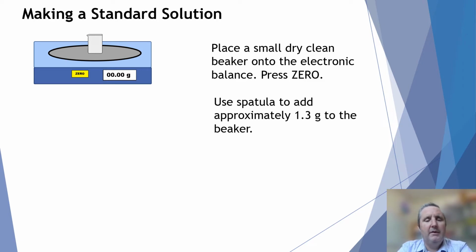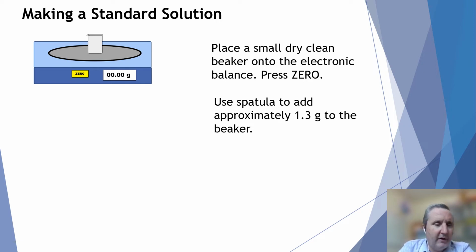We would have been given an approximate amount that we have to measure. So here it's 1.3 grams, but this balance measures accurately to 2 decimal places, and we don't have to measure exactly 1.3 grams. We have to measure approximately, or about 1.3 grams, but we need to measure it accurately.